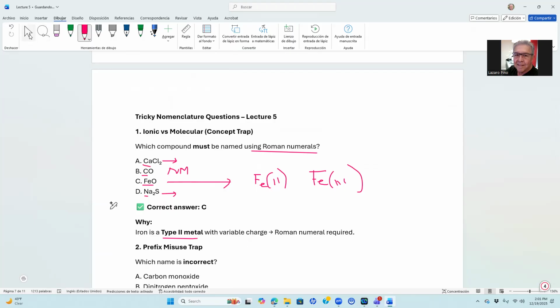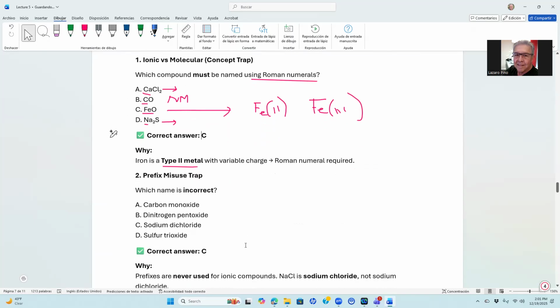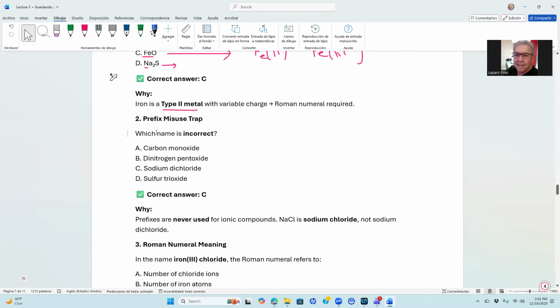Let's go to the following one. Prefix misuse trap. Which name is correct? Carbon monoxide, that's correct.